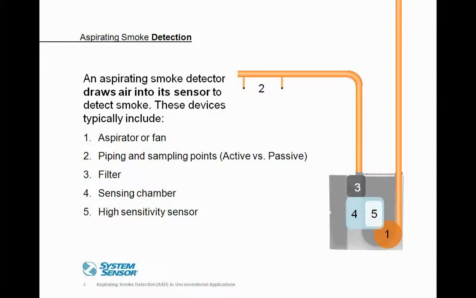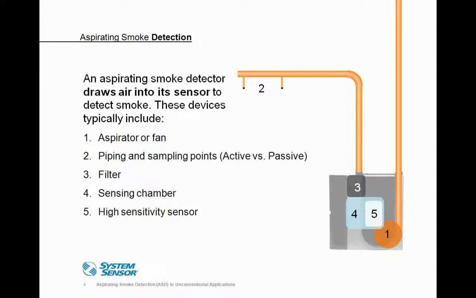Typically, an aspirating detector uses an aspirator, also known as a fan, to draw air samples through a network of piping that ends in a sampling point that extends into the protected space. Once the air sample is drawn into the device, it passes through a filtering element and then into the sensing chamber for the purpose of detecting any smoke.